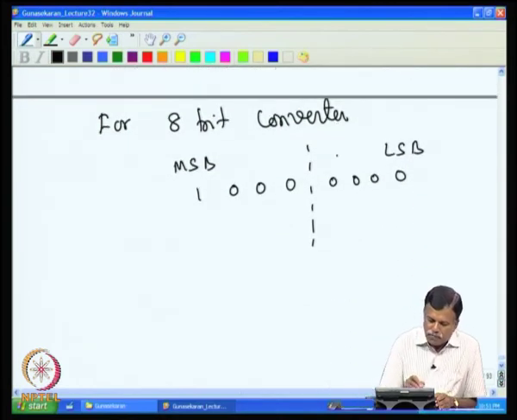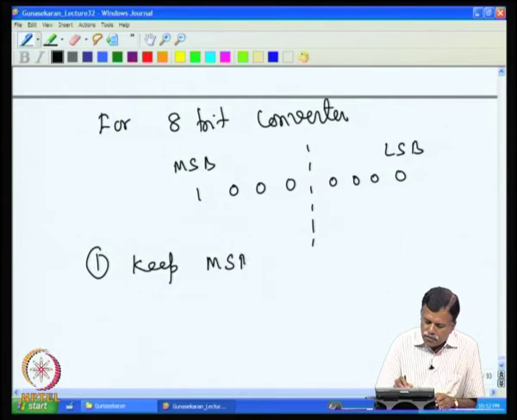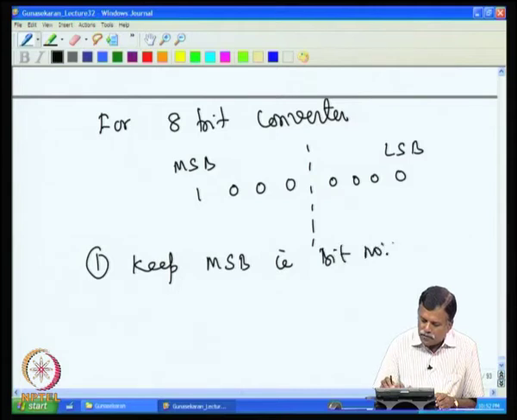So, the first step would be to keep the MSB, that is bit number 7, high; this is the 0th bit, 1, 2, 3, 4, 5, 6, 7.